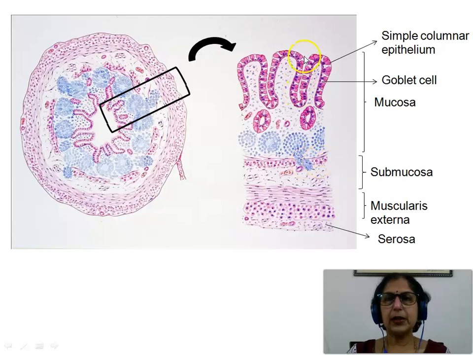The lining epithelium shows simple columnar epithelium with goblet cells. The number of goblet cells is much more than what is seen in the previous slides of small intestine as well as large intestine, which we have already studied. So, simple columnar epithelium with numerous goblet cells. Lamina propria showing crypts of Lieberkuhn and the lymphoid nodules.